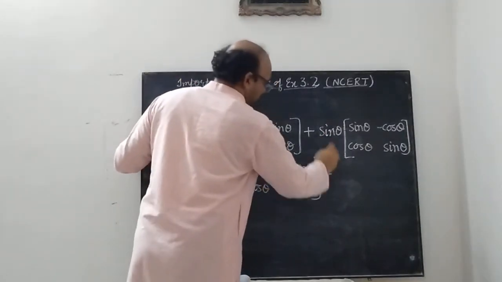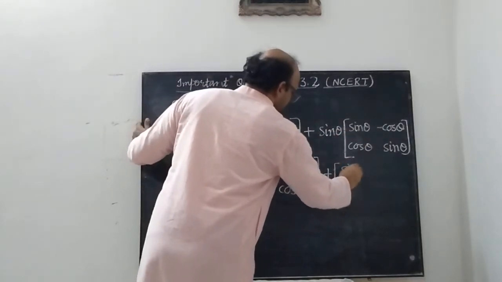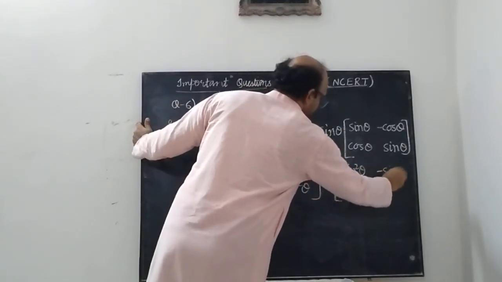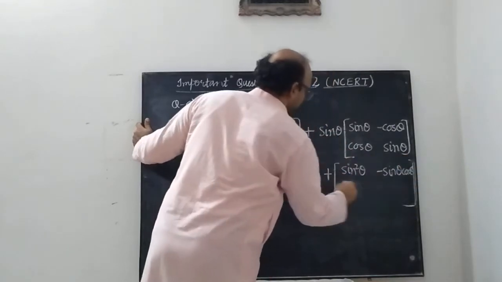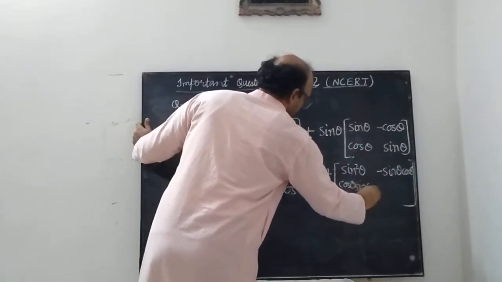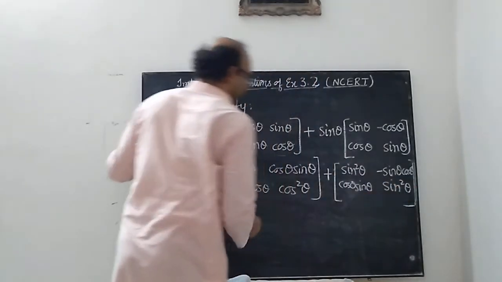Similarly, now we multiply by sin theta. Each element gives sin square theta, minus sin theta cos theta, cos theta sin theta, and sin square theta.